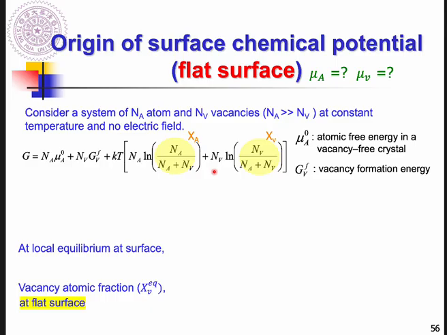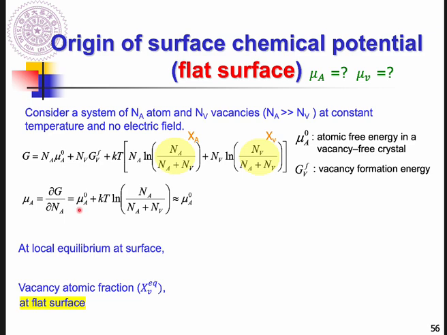As we mentioned, the chemical potential of atom A is the change in total Gibbs free energy when you add 1 mole of atom A. So we take the partial derivative of the Gibbs free energy with respect to N_A. We only keep the terms containing N_A, and the vacancy term has no N_A, so it drops out. So we find this result.